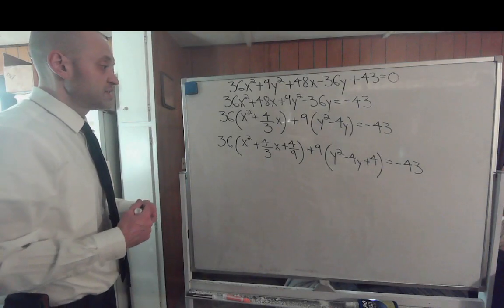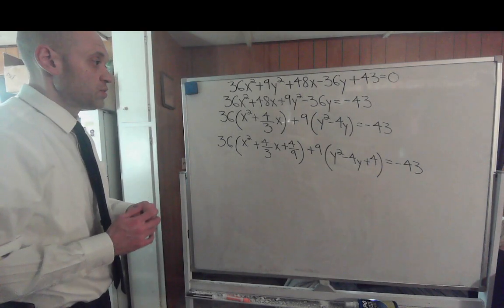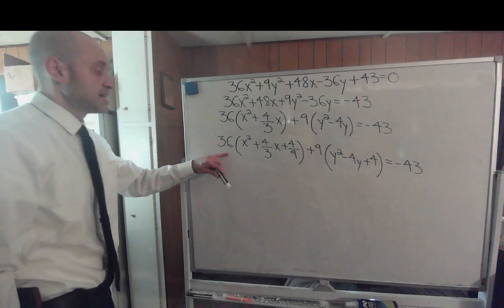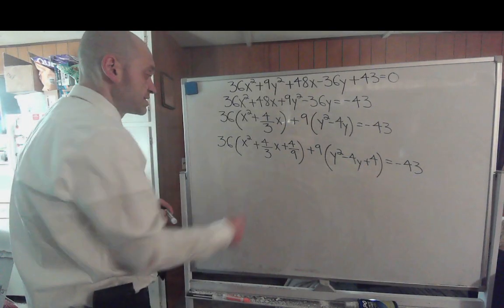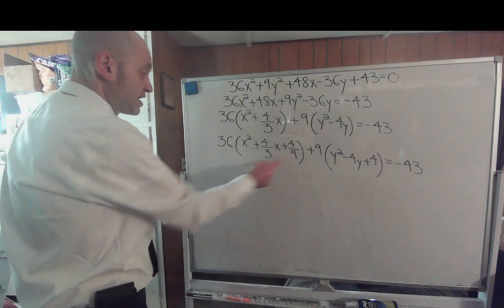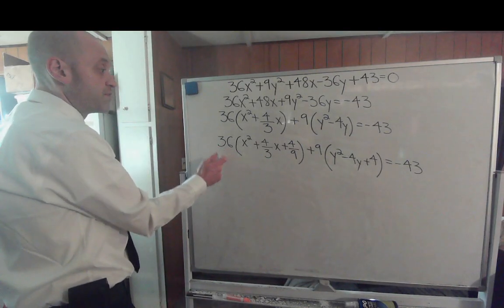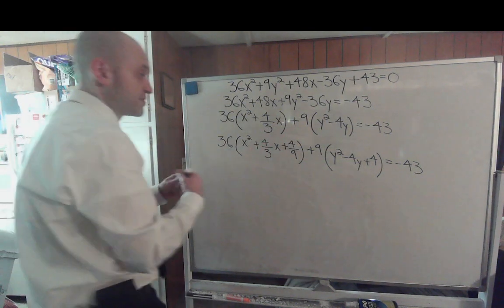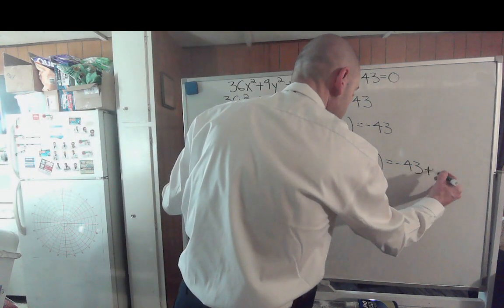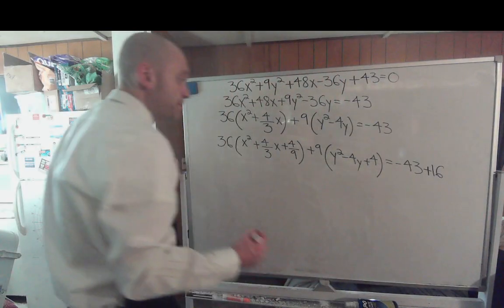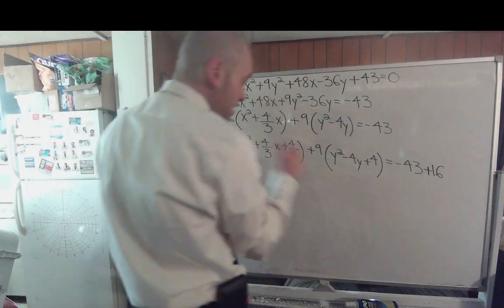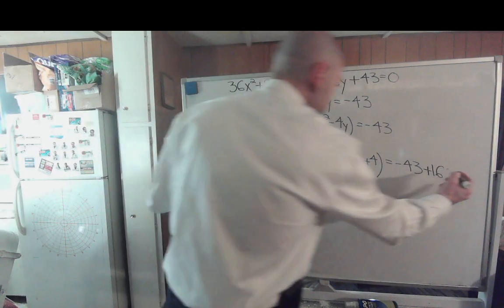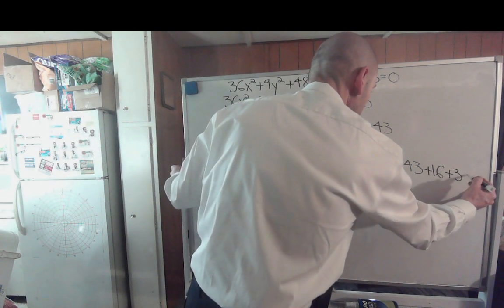So this is going to then turn into 36 times 4/9. Well, the 9 goes into 36 4 times, so that becomes 4 times 4, so that's 16. So negative 43 plus 16. And then 9 times 4 is 36, so we actually have plus another 36.